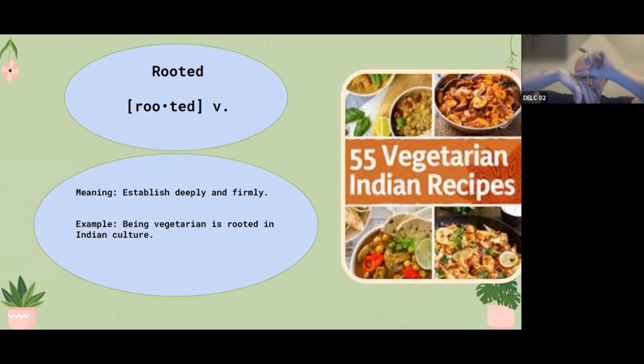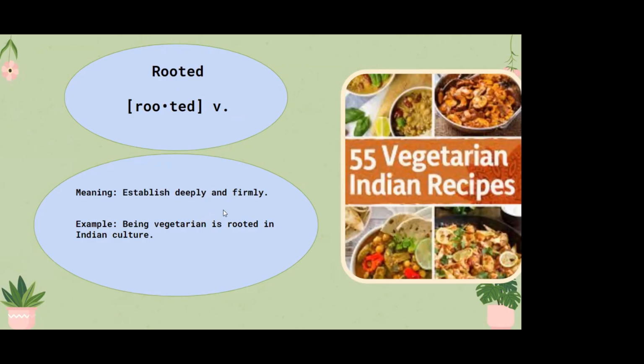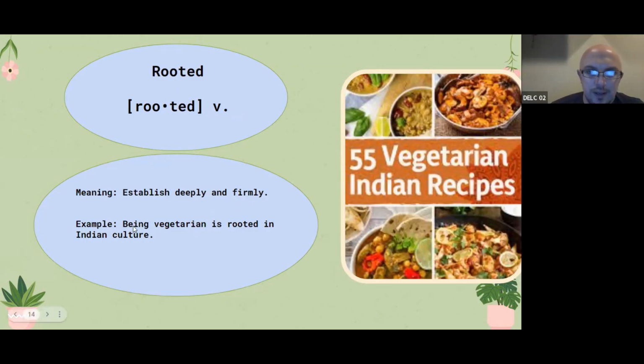If you have a flower up top and the bottom part that drinks the water and goes into the ground, we call these the roots. And so when we use rooted as a verb, we are thinking about something being stuck into something else.